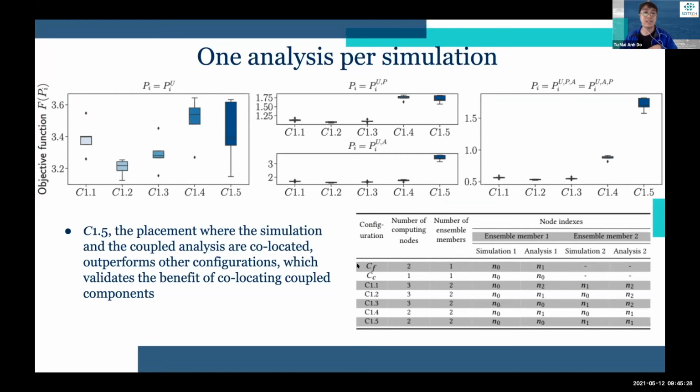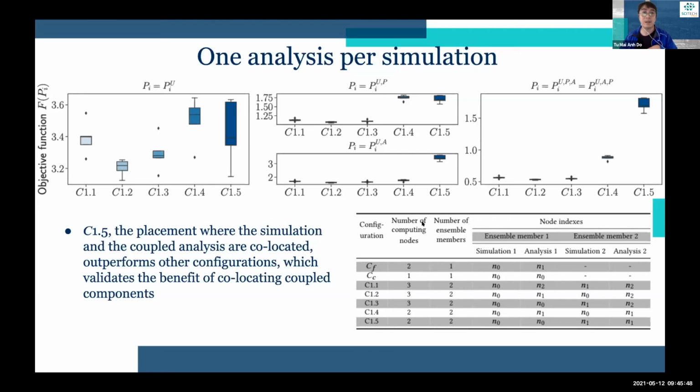In this table, we have two configurations that have one example member and five configurations that have two example members. We focus on the last five configurations that have two example members.